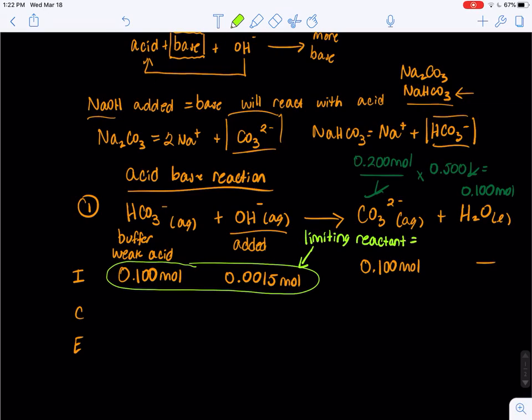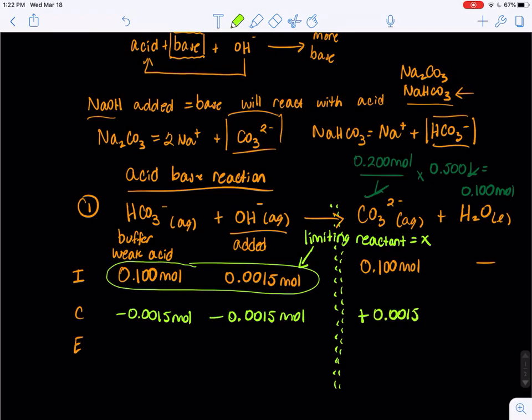And that will be x. Okay, so you know how this is going to decrease by x. We actually know this is going to decrease by 0.0015. Okay, this will therefore decrease by 0.0015. And that's on the left side of the reaction arrow. And on the other side, reactants get used up, products are formed. So that's going to be your plus x, okay?